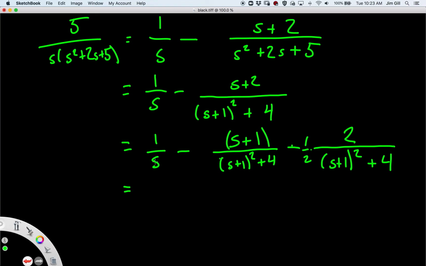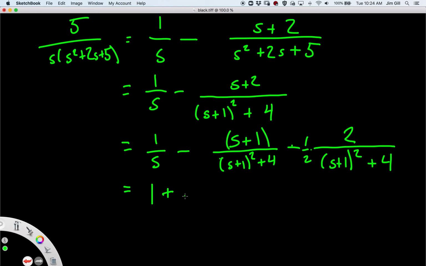Okay, so 1 over s is the transform of 1. Now this one looks like a cosine, right? Cosine is s over s squared plus omega squared. So this is like cosine of 2t. However, we have this s plus 1, but recall that's just a time shift. That was that second principle we used.